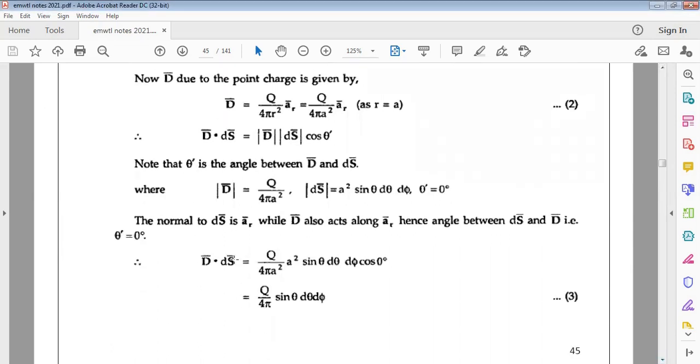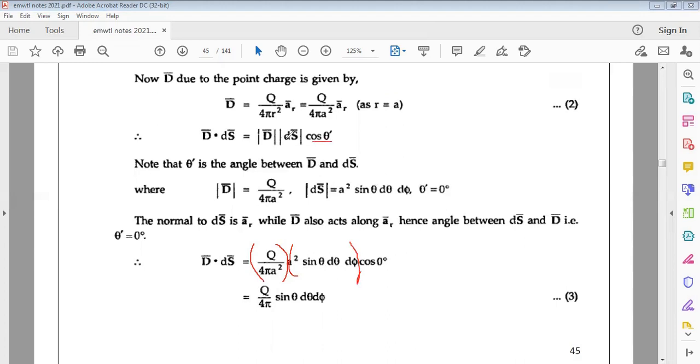Now D bar dot dS bar is equal to substituting Q by 4 pi A square, which is the D bar, and A square sin theta d theta d phi, which is the dS bar.